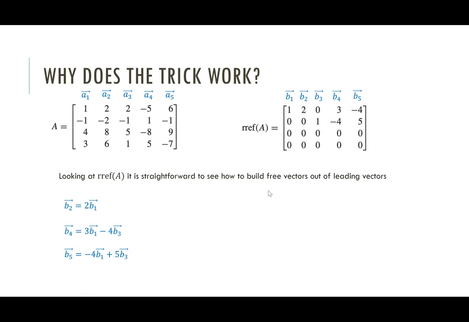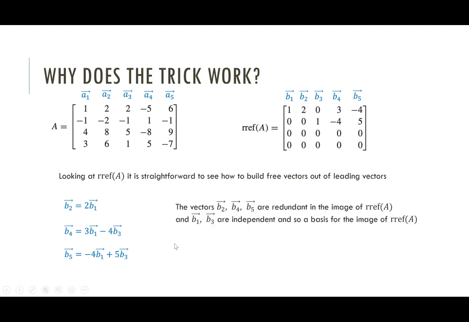Looking at this, we only need B1 and B3 to make the rest of these vectors. So since B2, B4, and B5 are redundant in the image, and B1 and B3 are linearly independent, do the zeros test, then B1 and B3 are going to be a basis for the image of the reduced row echelon form.